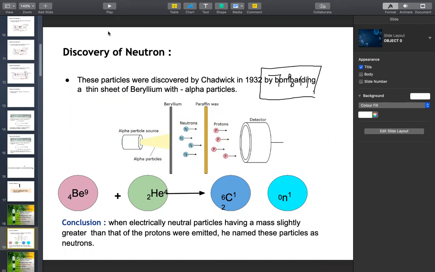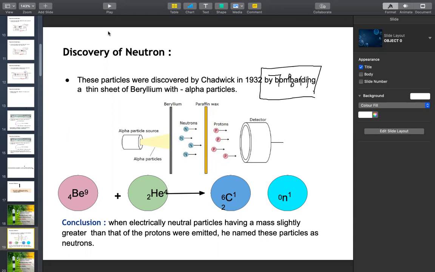According to protons, the mass should be double, but it comes out 4 times heavier in the case of helium. This means there must be some particle creating mass, and that particle must be neutral also, because protons and electrons are equal in number. That particle should not be charged.